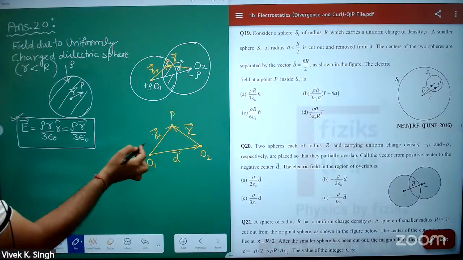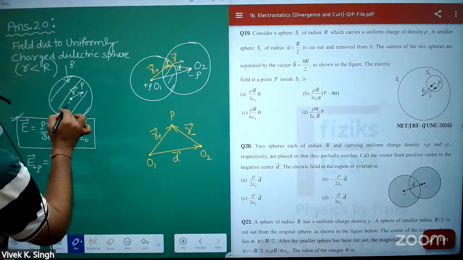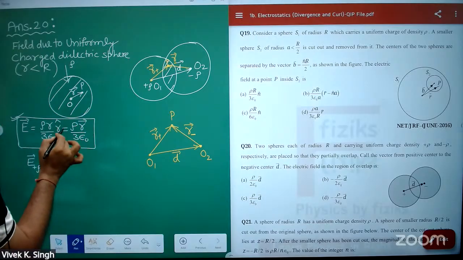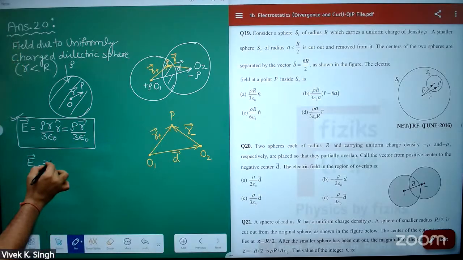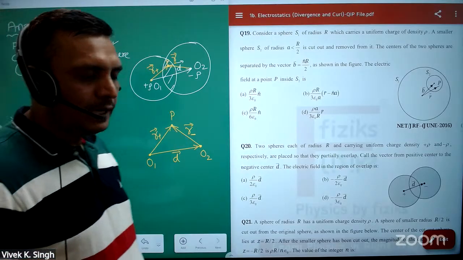What will be the electric field at point P due to plus rho charge? This is the center O. From the center O to any point P, you have to use this relation. So this will be given by rho R plus by 3 epsilon naught.